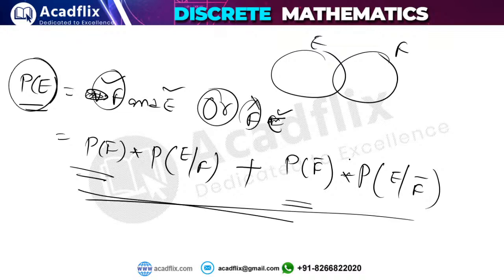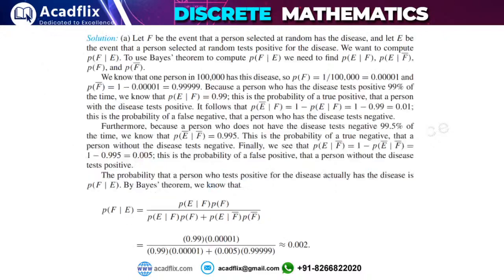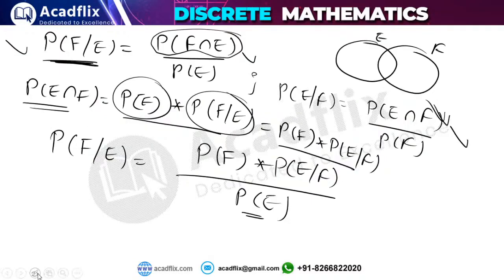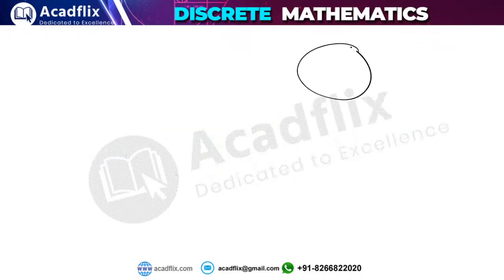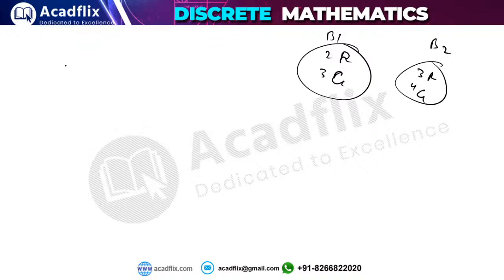Let me tell you that example that we took. Just remember that example. We took this example where this box 1 was there. In this box 1 we have two red balls, 3 green balls. In this box 2 you have 3 red balls and 4 green balls. So just see this example. When I told you to find the probability of R, what will it be basically?